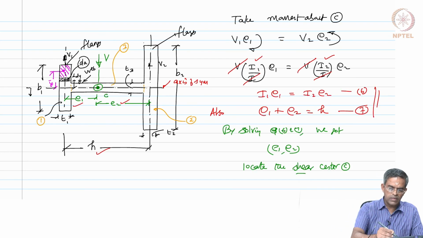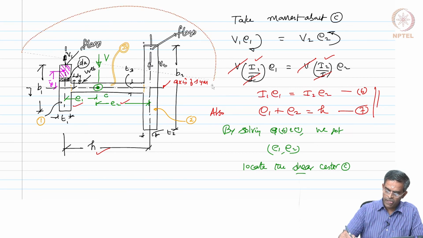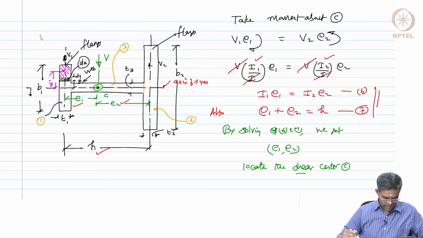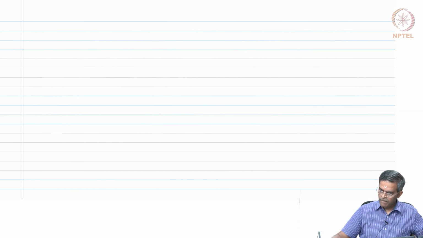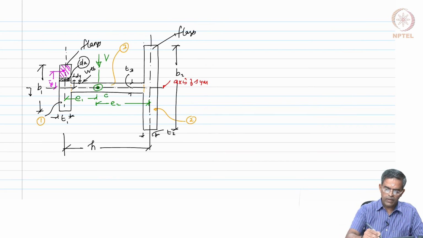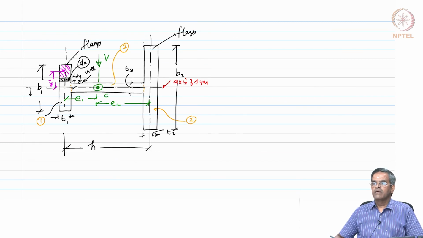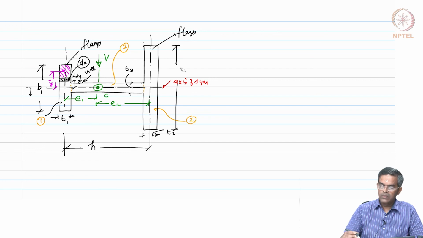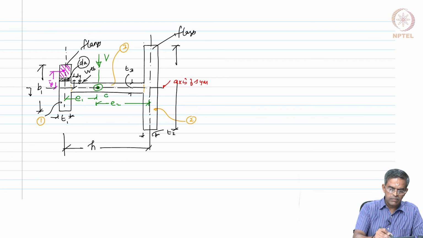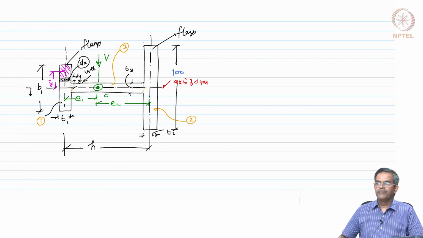So, we will say the same dimension, I will just copy this figure again. Okay. Let me give these dimensions as B2 is 100, which is B2.